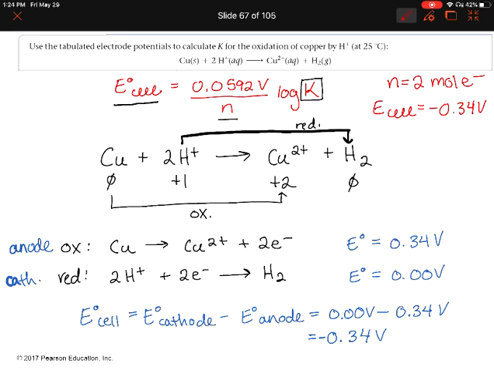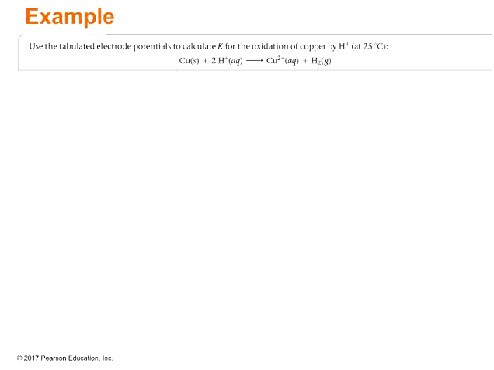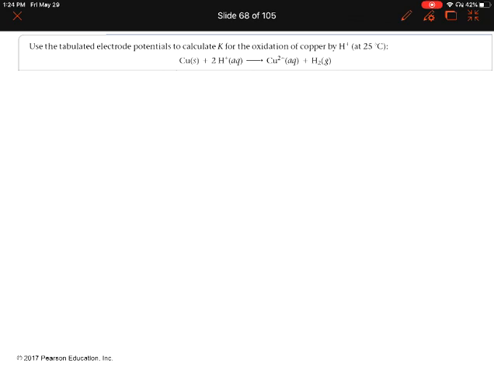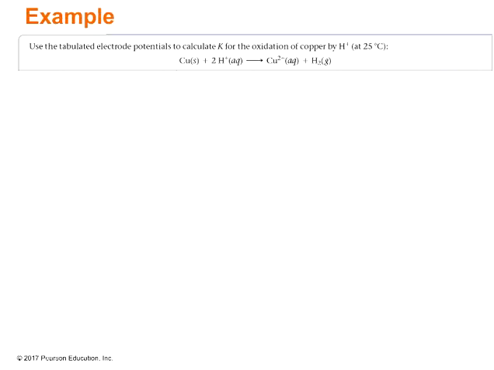All right, so now we have all the values we need to solve for K. So on the next slide, we'll solve for K. All right, so again, our equation is 0.0592 volts over n times the logarithm of K. And we know what E cell is.